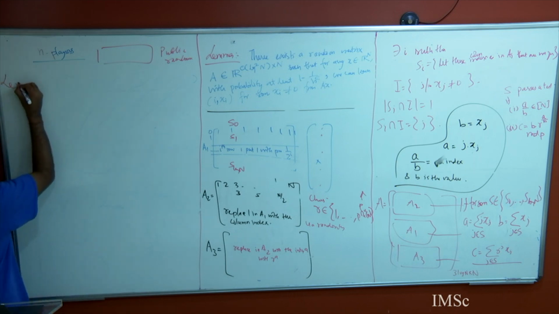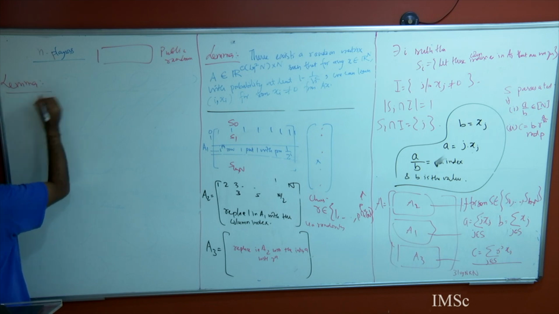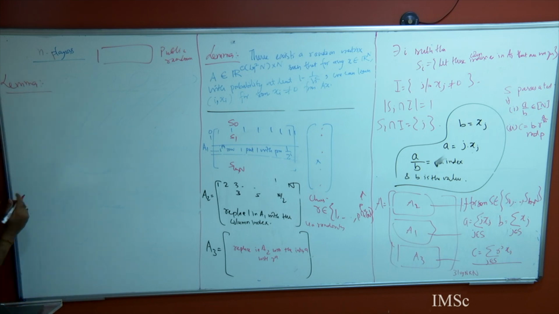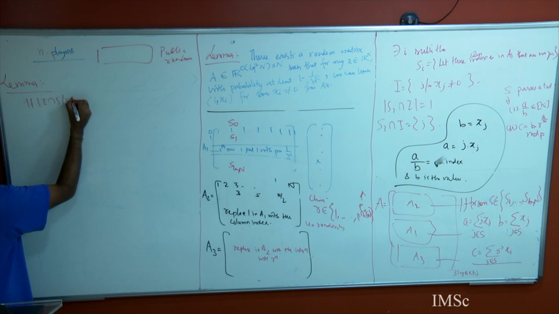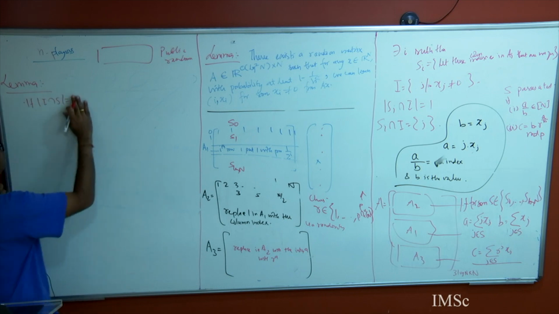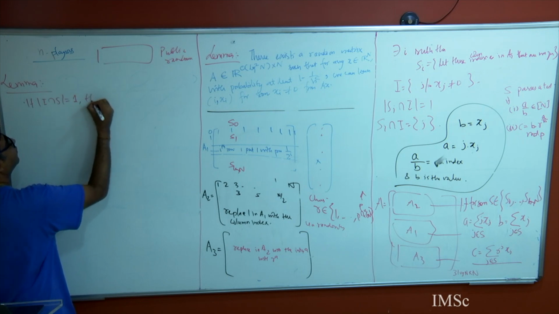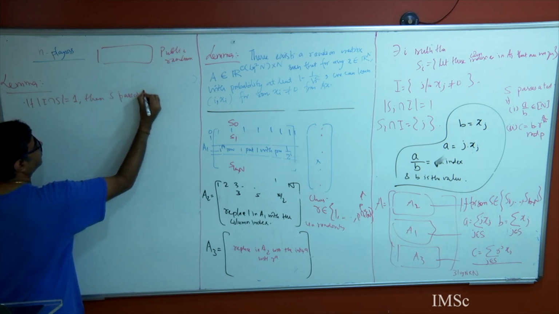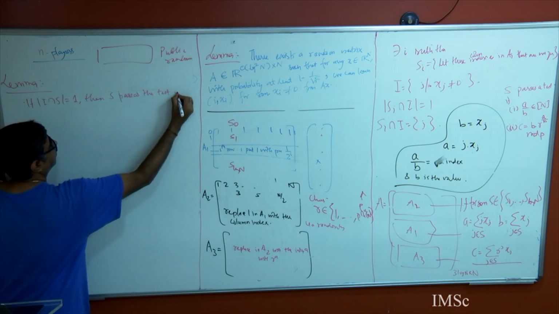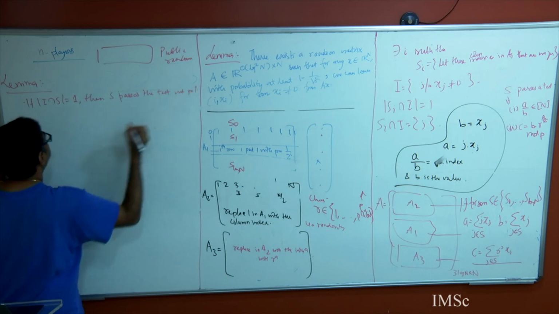So this is a lemma we showed. I'm not going to give you a proof again. If I intersection S equals 1, then S passes the test with probability 1.